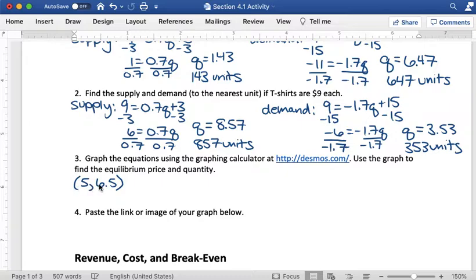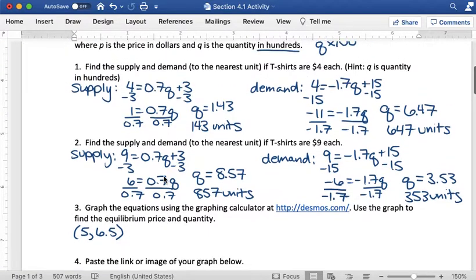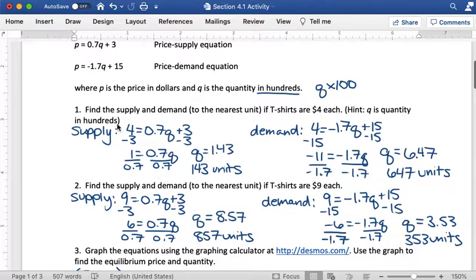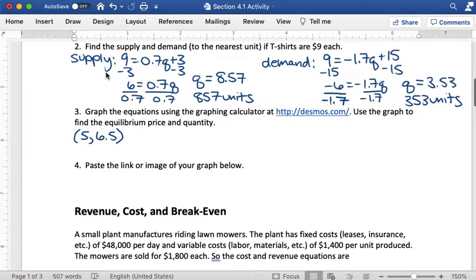So in terms of which is which, remember that looking at my equations, P is going to be the Y or the second coordinate here, and Q is going to be the X or the first coordinate. So in terms of equilibrium price, that's going to be the y coordinate, or the 6.5.